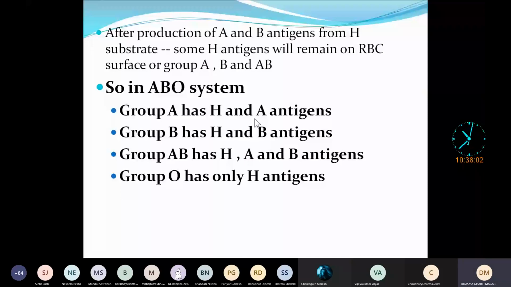The blood group AB has H antigen, A, and the B antigen as well. The blood group O will not have A and B antigens, it will have only the H antigen. This is clear? This is simple, isn't it? Since yesterday I'm telling this several times.